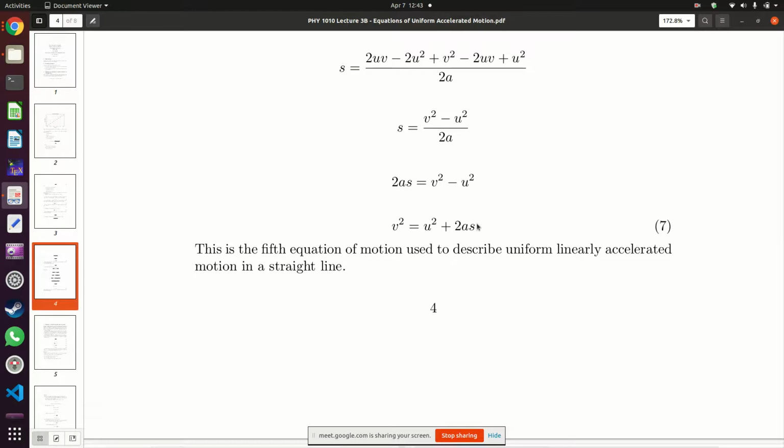So these are the equations we are going to be using to describe uniform accelerated motion. In all these equations, it is assumed that the acceleration will not change. The acceleration will remain the same. That's why it's called uniform accelerated motion. Are we clear?